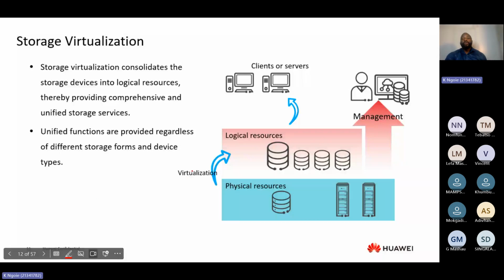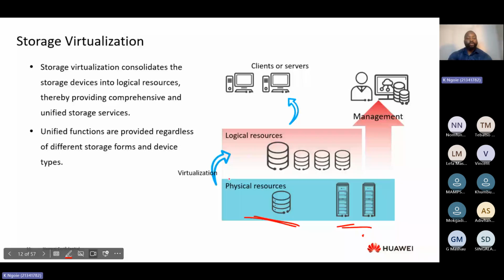All right, so what we do is we will convert storage devices. These are the physical resources, which instead of using them, we're going to convert whatever functions they were playing into logical resources.